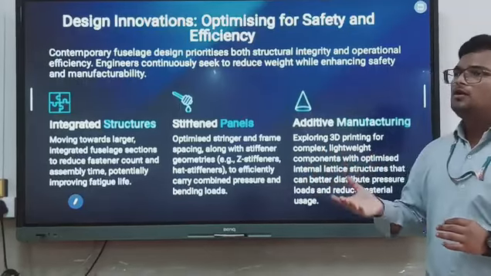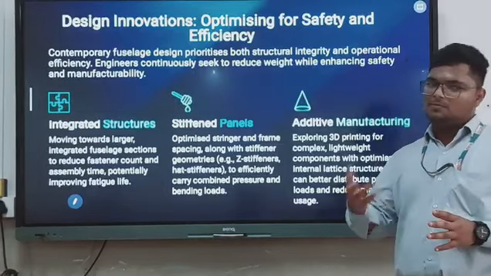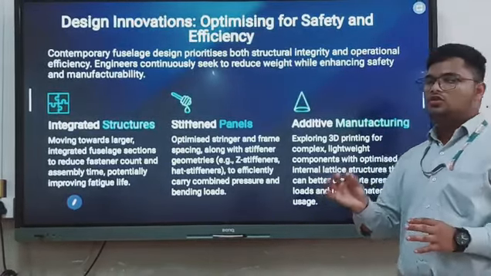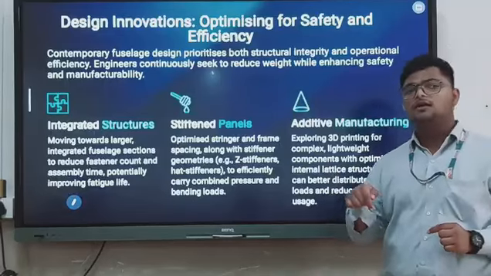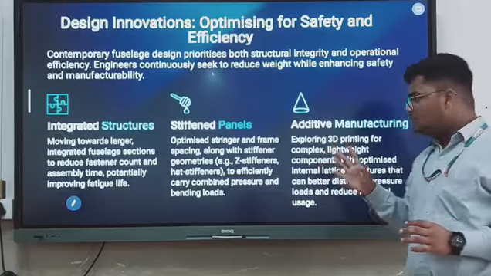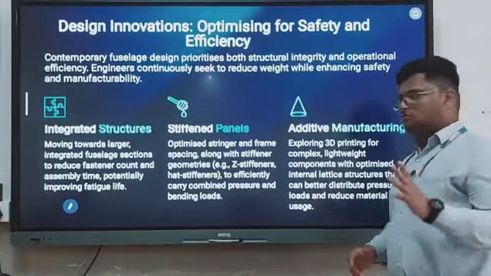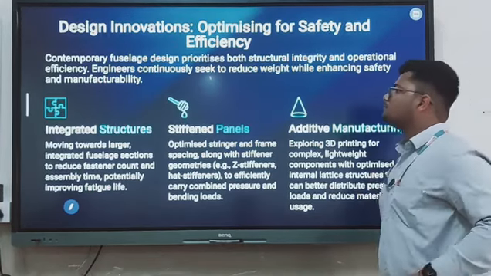It is not made by combining 3 or 4 or multiple parts, but it is a single part. So the structural integrity in this part is the best. So these can be the most used thing.